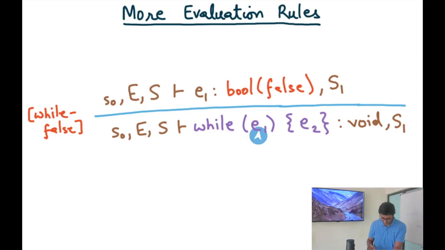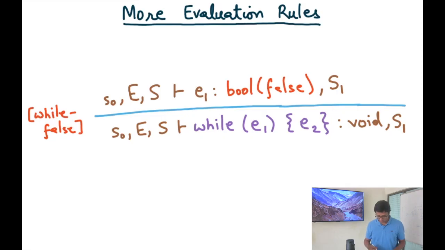So let's take the first case, which is E1 evaluates to false, and we're going to call it while false. So if E1 evaluates to Boolean value false, and the evaluation of E1 updates the store S to S1, then the evaluation of the whole expression also evaluates to void comma S1. So we just ignore the false value and we just replace that with the void value and just return the updated store due to evaluation of E1.